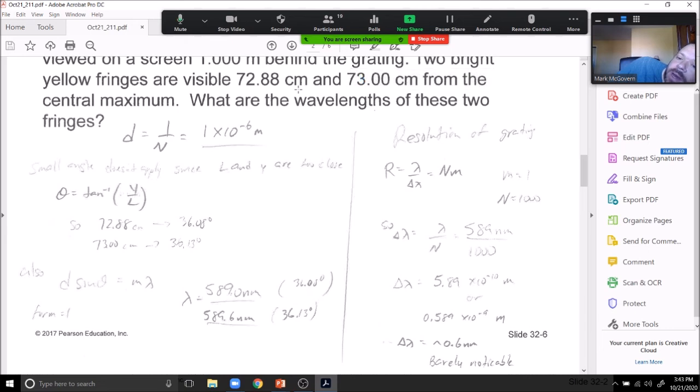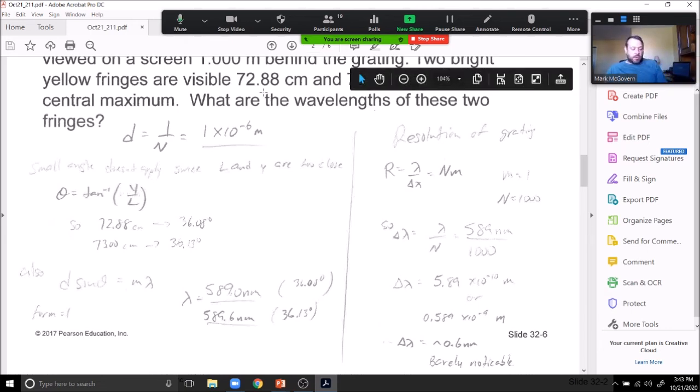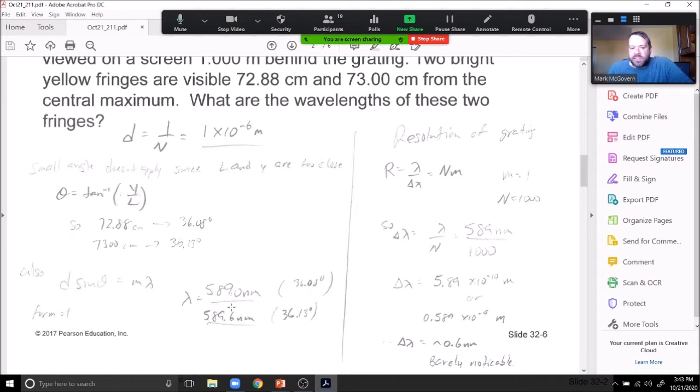And I mentioned something about resolution previously, which we can talk about here, because this is less than a nanometer difference, and when it's displayed on a screen, it's more than a millimeter apart. That's kind of big.